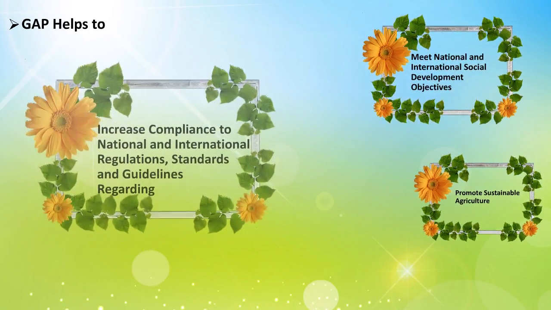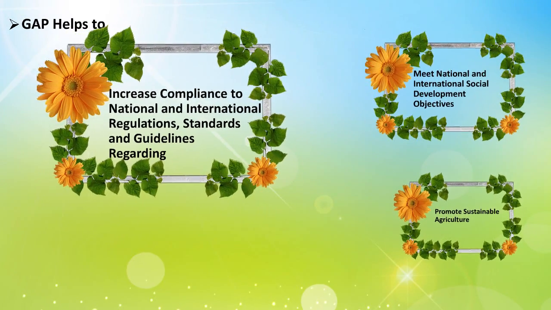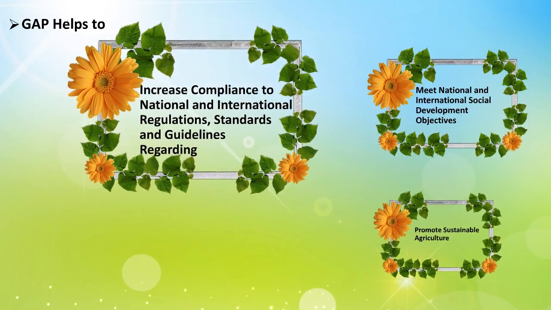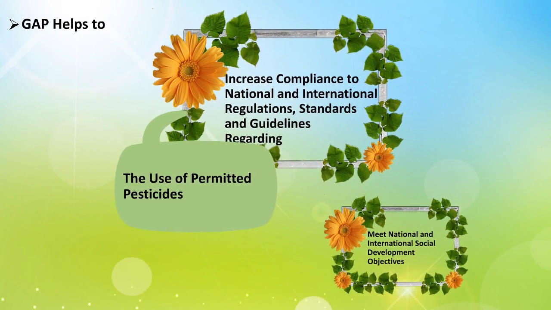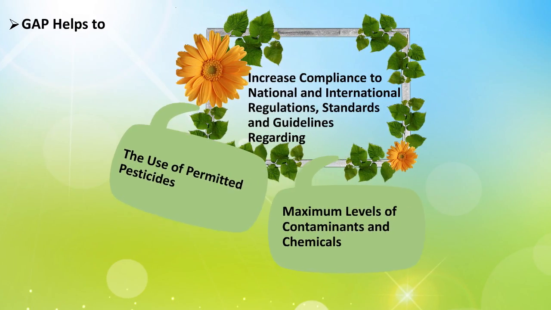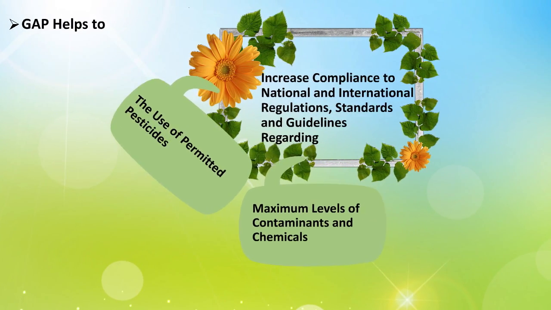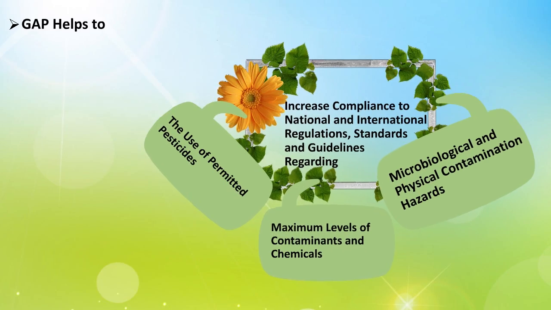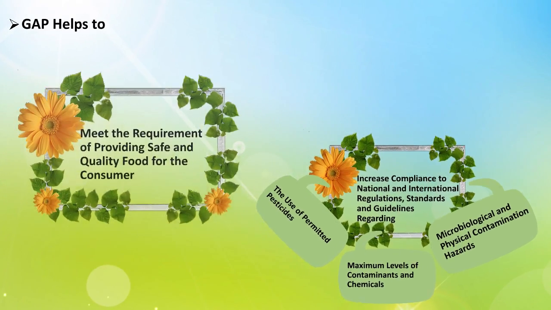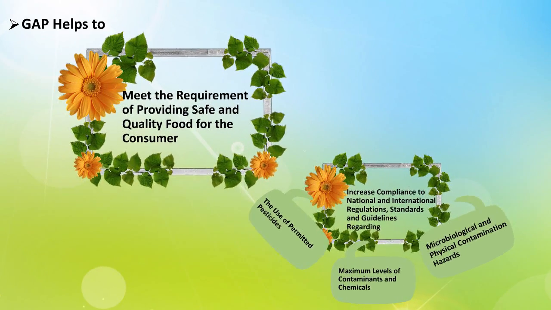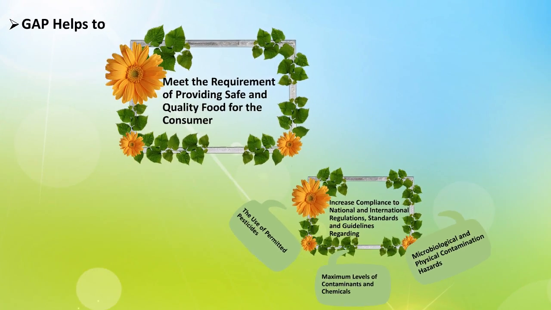GAP helps to increase compliance with national and international regulations, standards, and guidelines regarding the use of permitted pesticides, maximum levels of contaminants, as well as other chemical, microbiological, and physical contamination hazards. As a result, it meets the requirement of providing safe and quality food for the consumer.